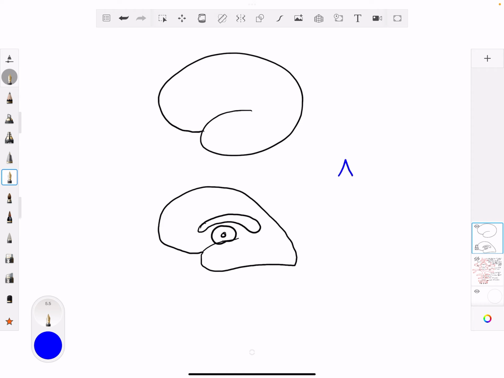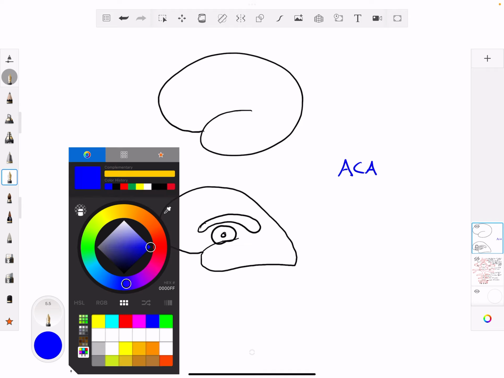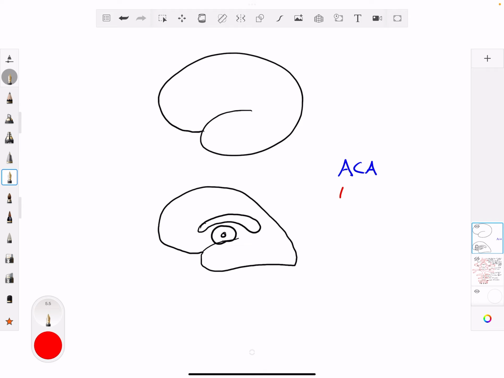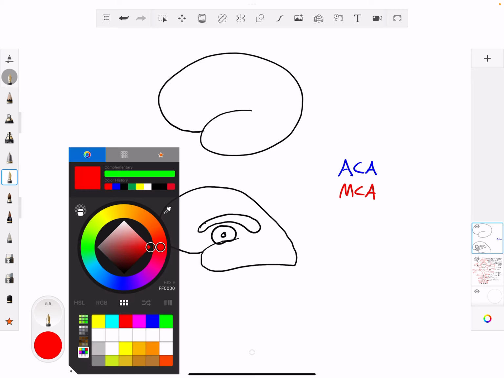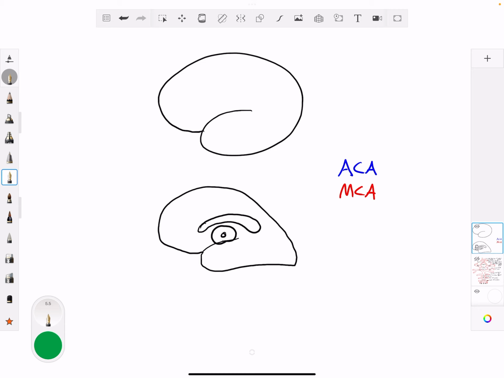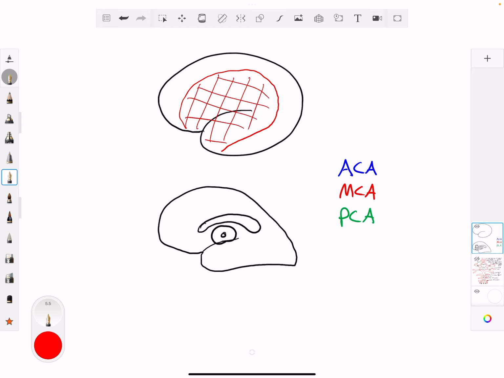All righty, let's color in some areas here. So anterior cerebral artery, let's get that as a blue. Let's make my middle red, and I guess green makes good sense for posterior. All right, so let's start with the middle. Here we just want to kind of draw a big old area right there on the lateral aspect. Notice we're getting pretty much all of the lobes.